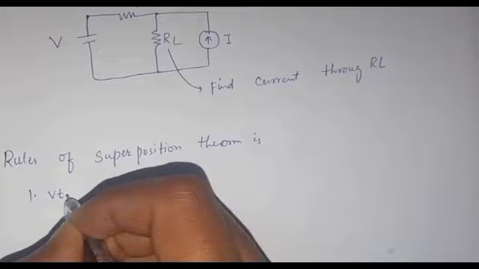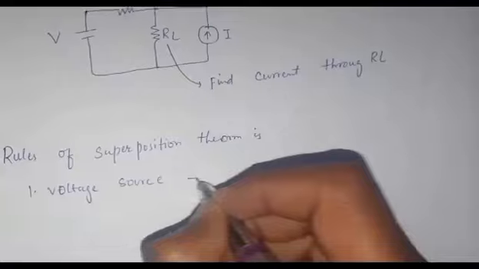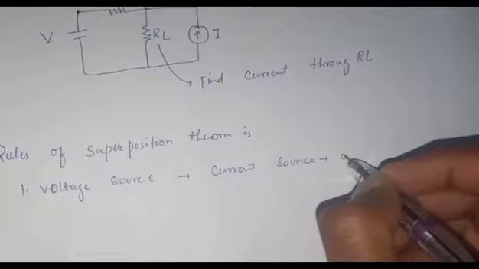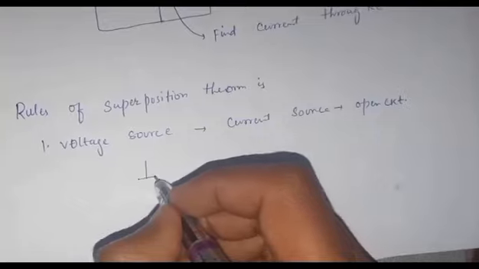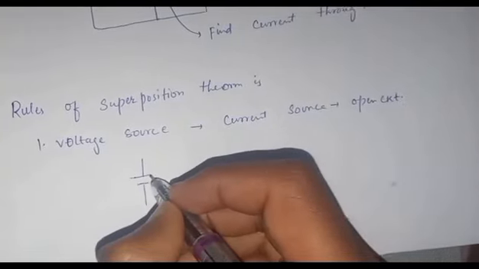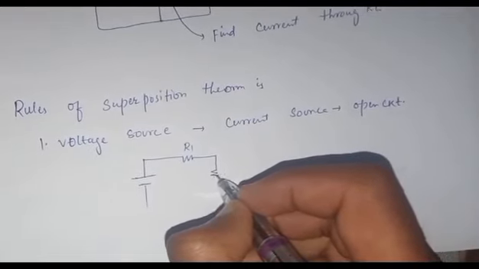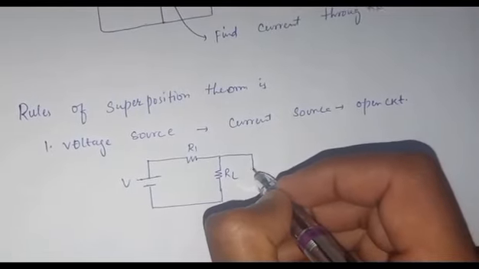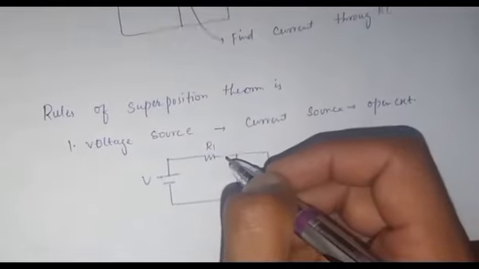So, by the rules of superposition theorem, when we consider the voltage source, the current source will be open circuit.